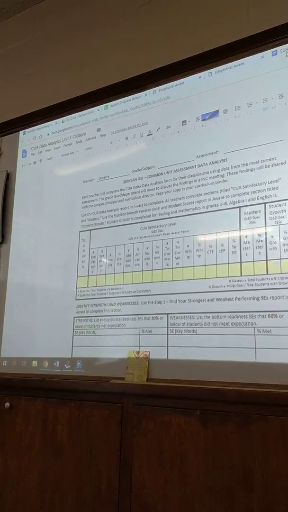So let's start inputting some data. We'll see what it looks like. All right. I had 93 students. The Mount Satisfactory was 31%.